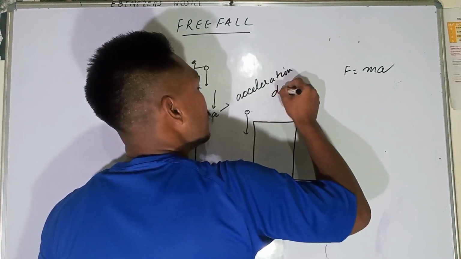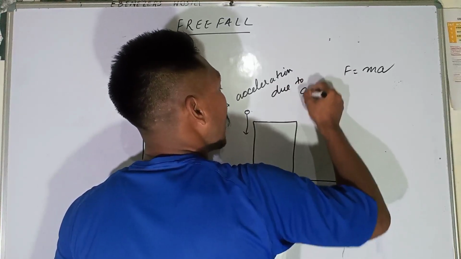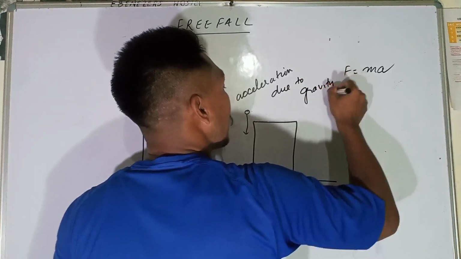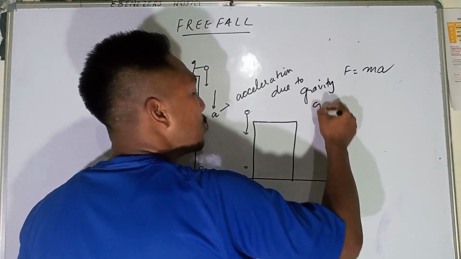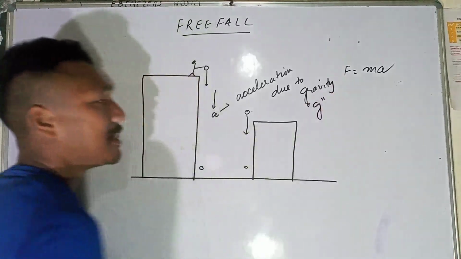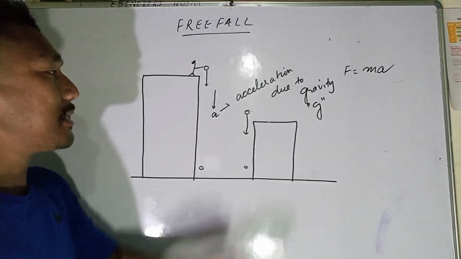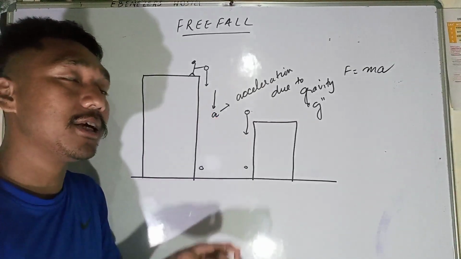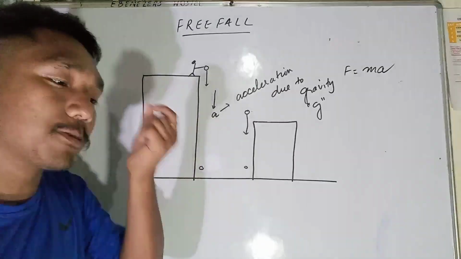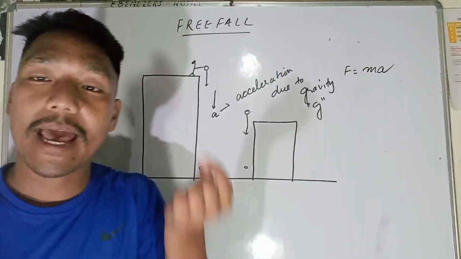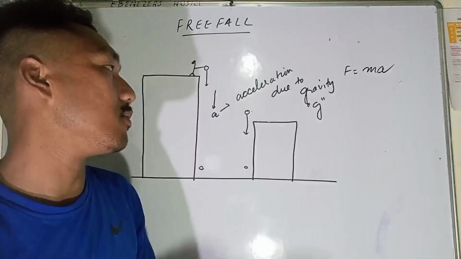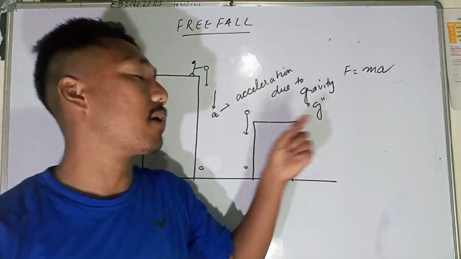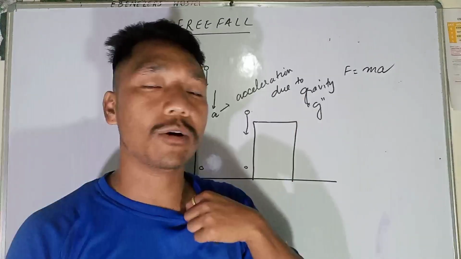And this acceleration due to gravity is always denoted by the small letter g. From where does the object experience this acceleration? It is due to gravity.